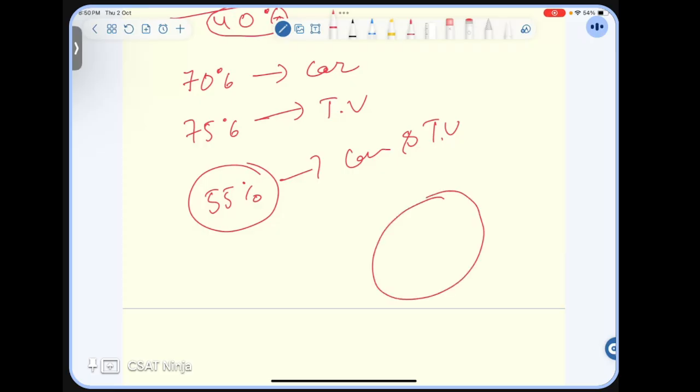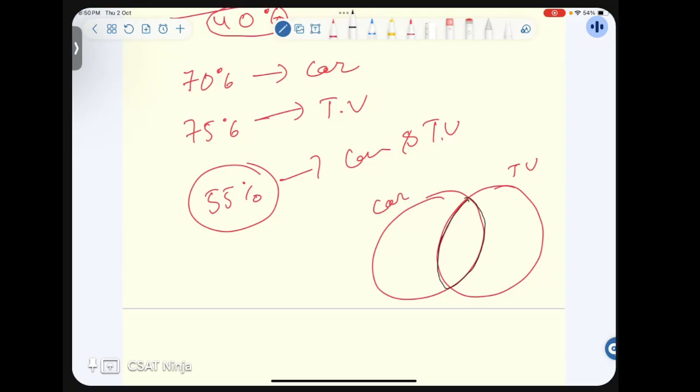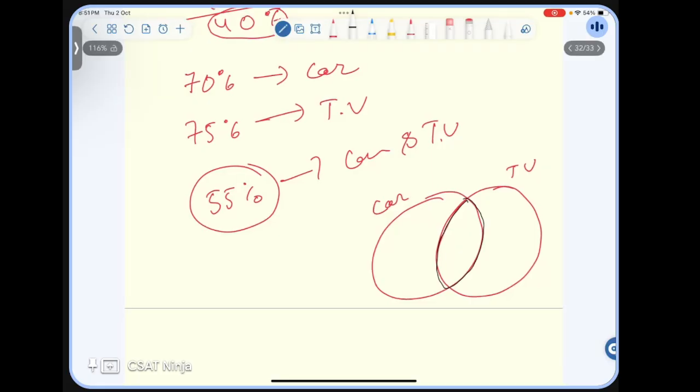I'll approach it with a Venn diagram: this is car and this is DVD. The middle portion, I'll assume, is those who have both car and DVD, so this is 55%.